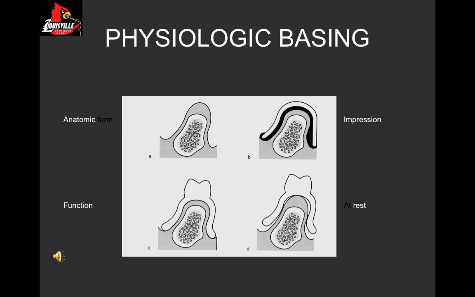This picture depicts the physiologic basing concept. The upper left shows the anatomic ridge form in its rest position. In the upper right, you are taking an impression with a closely fitting impression tray and a viscous impression material. The lower left image shows that the denture is then made on this cast that depicts the functional form of the ridge.